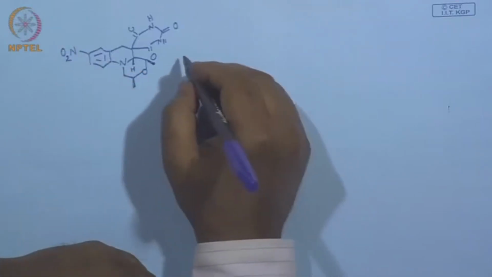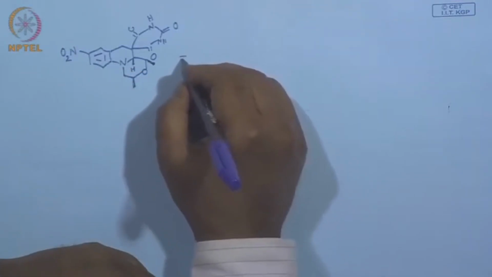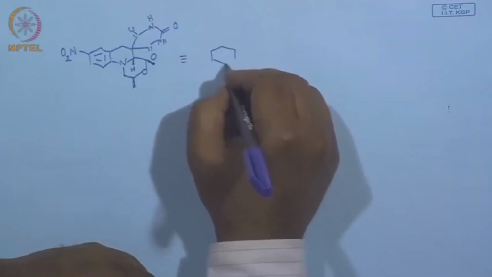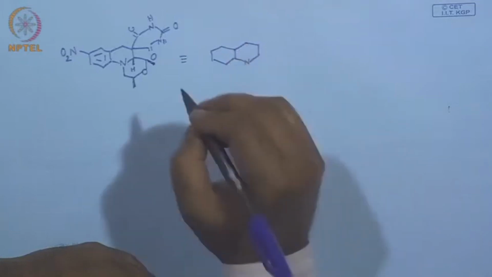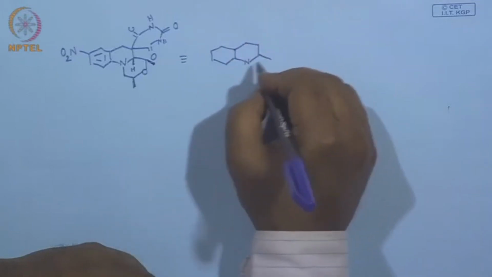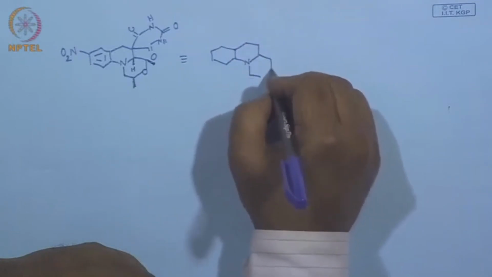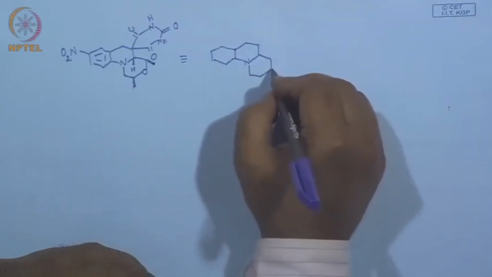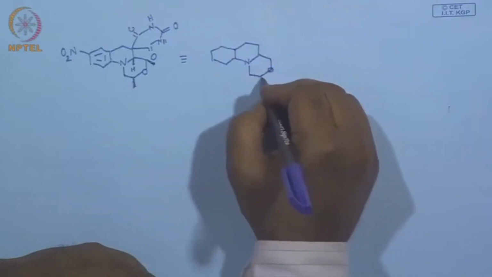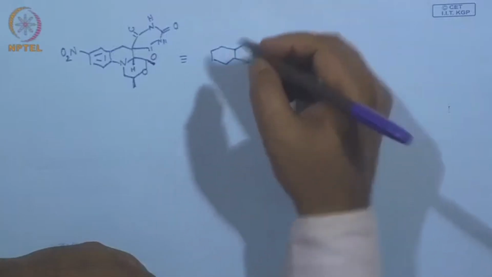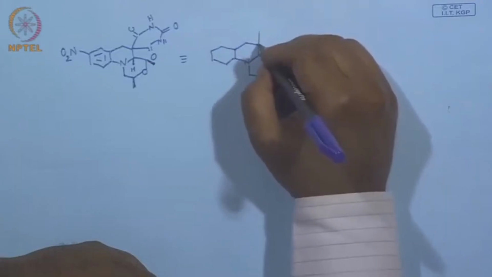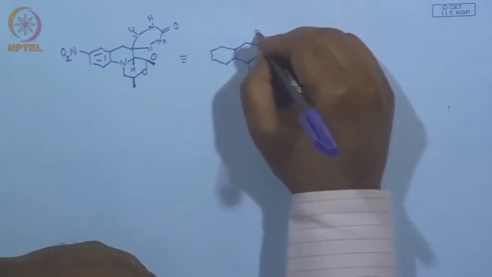Okay. Maybe I should rewrite? I think that would give you a better look. Okay, quinoline portion, and then again a 6-membered ring, right. So, this is oxygen here. I am just rewriting basically, and I think this one should be flattened a little bit.